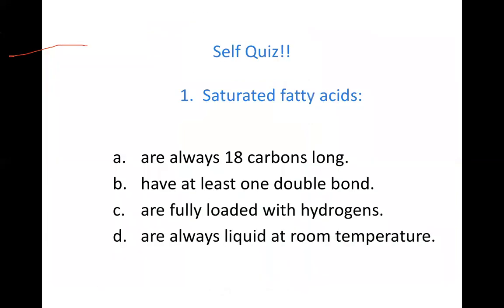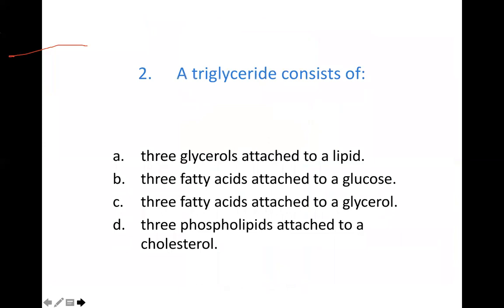So saturated fatty acids are fully loaded with hydrogens. A triglyceride contains 3 fatty acids and a glycerol.